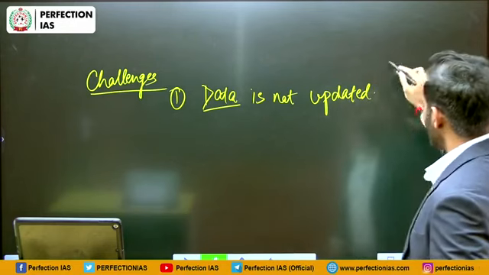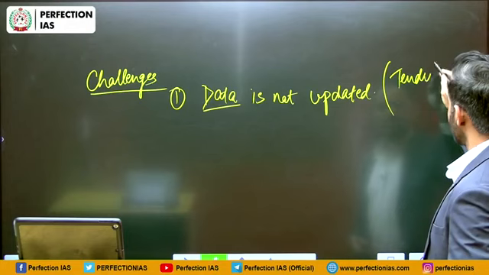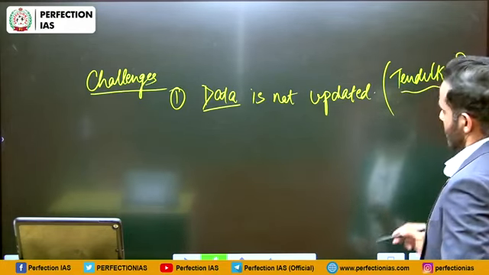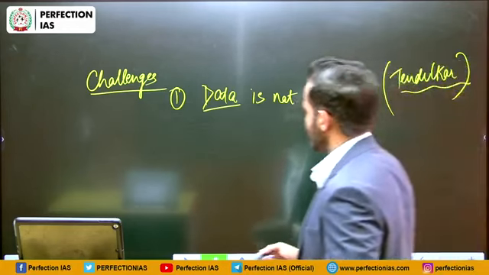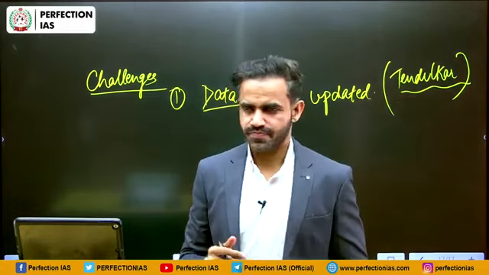For example, our poverty line is on the basis of Tendulkar committee. So data is not that much updated, and that is why we do not have a clear picture.